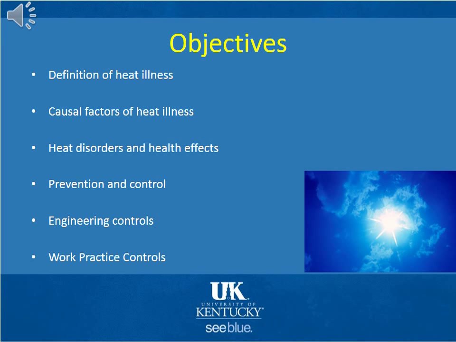The objectives for the class are defining heat illness, determine the causal factors of heat illness, define heat disorders and health effects, discuss ways to prevent and control heat illness, define the types of engineering controls that can be used for heat illness issues, and define different types of work practice controls.